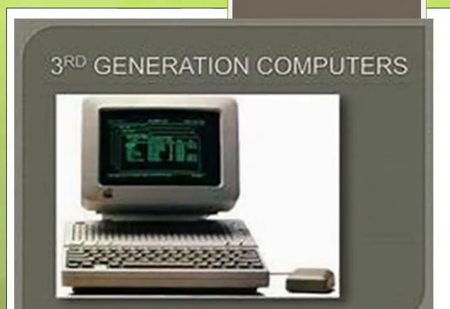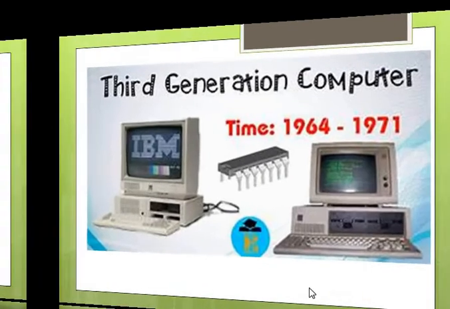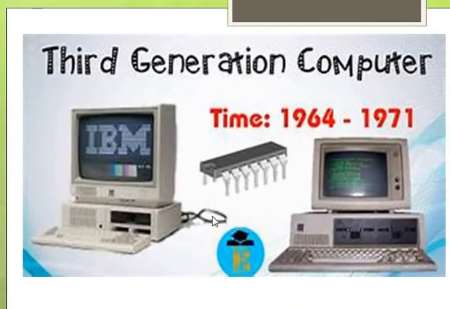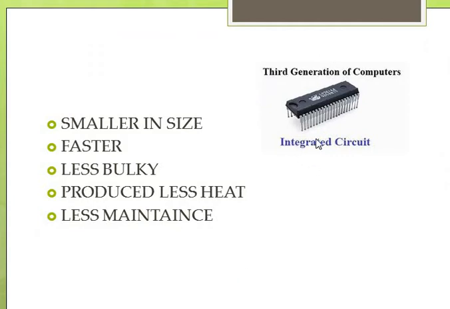Next generation is third generation computers. In the third generation computers, instead of transistors, they use integrated circuits, that is IC chips. They are smaller in size compared to second and first generation.